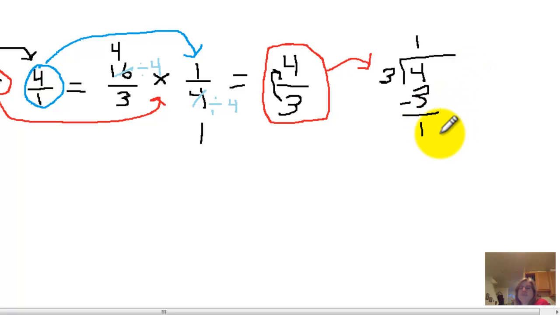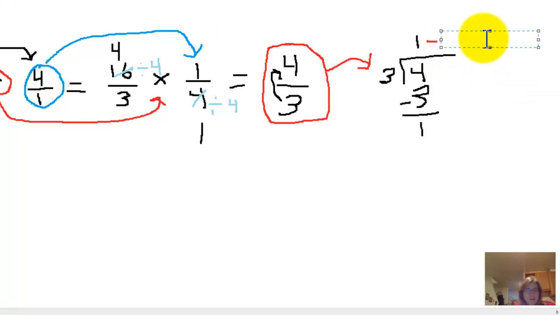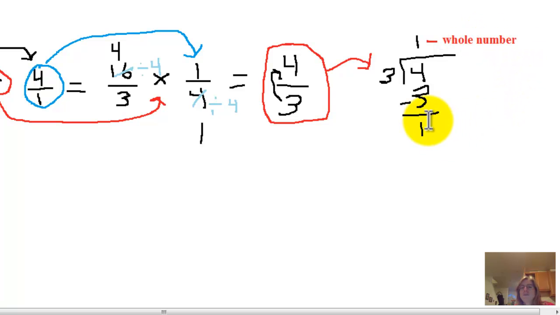And I have this in other videos, but the 1 on top is the whole number. So that's the whole number, and I find it easier to type it in. Whole number. This number here, the remainder, is the numerator.